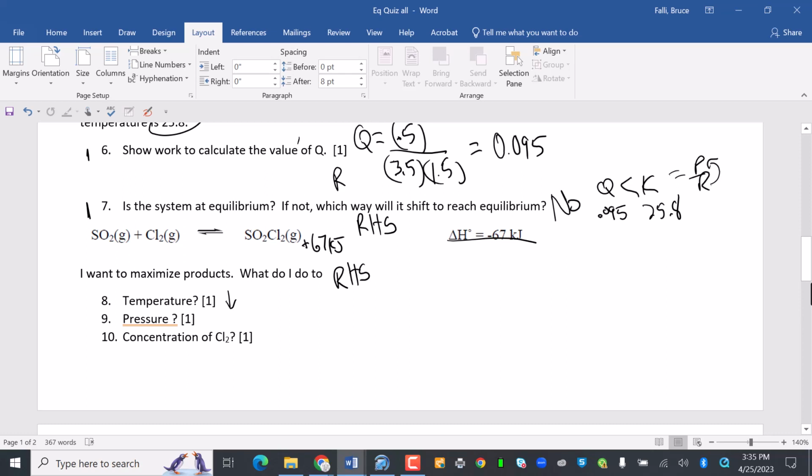What do I have to do to pressure? I need to shift to the right hand side, so I need to increase pressure to shift to fewer moles of gas. You only need to say down, up. Concentration of chlorine, increase it. Okay?